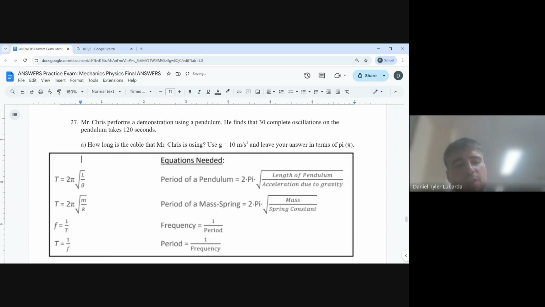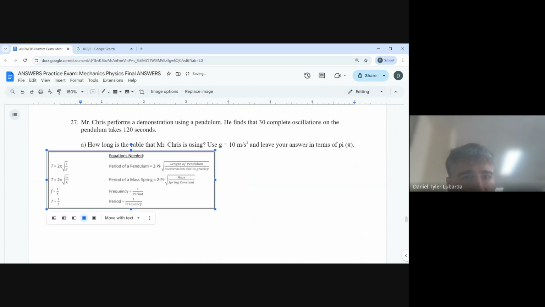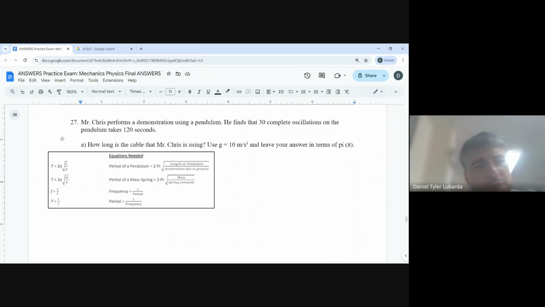Let's throw this up there, although make it a bit smaller because I don't want it to take up that much space. Okay. Now, if you notice all of this, we have the period of the pendulum. That's what we're going to need. So we first need to find the period.